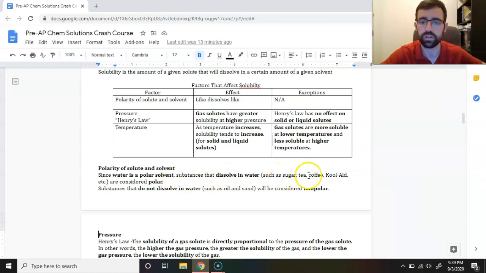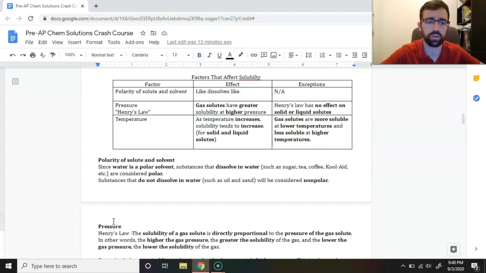So sugar, tea, coffee, Kool-Aid, etc., those are all considered polar. It could also be an ionic compound depending on how it dissolves, or an acid or a base. Substances that do not dissolve in water, such as oil and sand, are nonpolar. So if they don't dissolve in water, they're probably nonpolar.